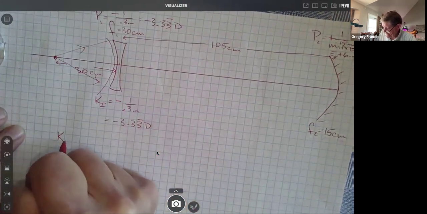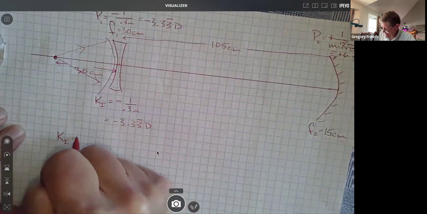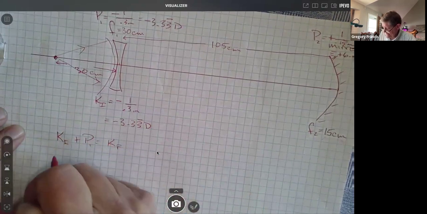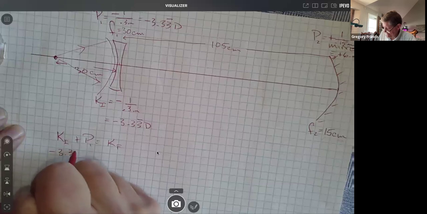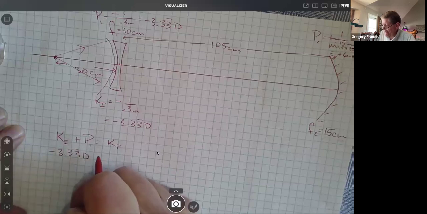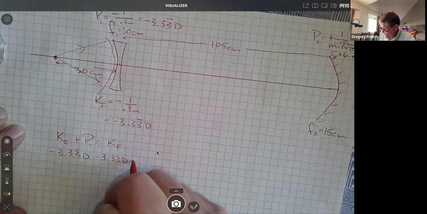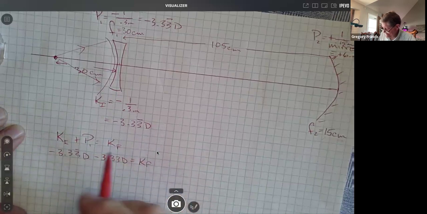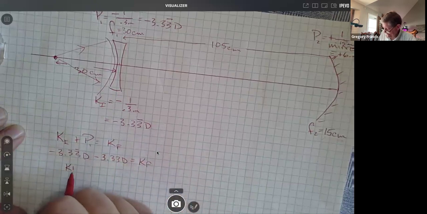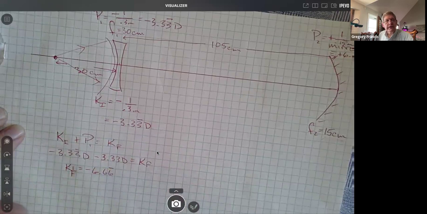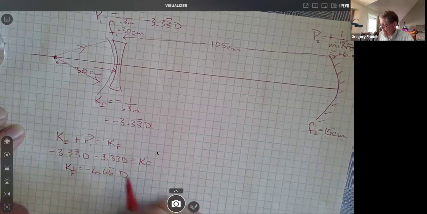So if I do K initial plus power is equal to K final, I get negative 3.33 diopters, and then I add another negative 3.33 diopters, and that gives me K final. So I get K final is equal to negative 6.66 diopters.